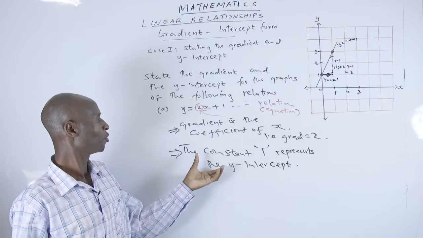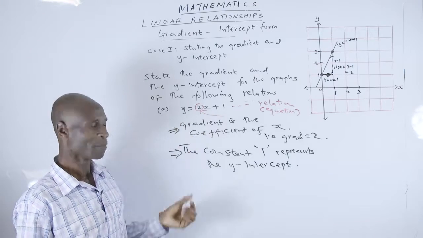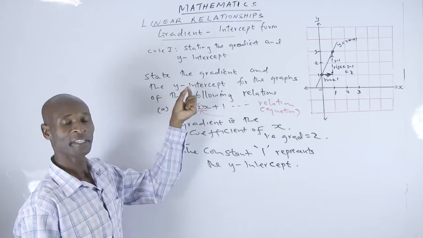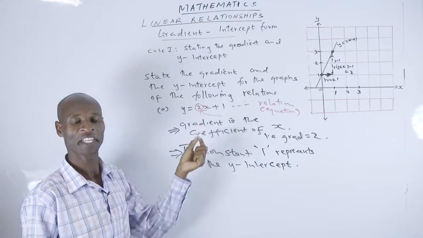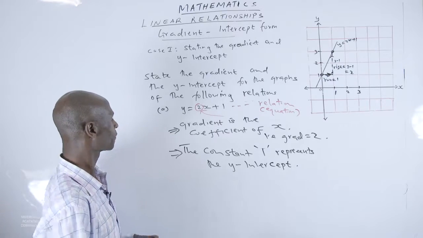Now, from these two quantities, we can write the general gradient-intercept form of an equation, which is normally written as follows.